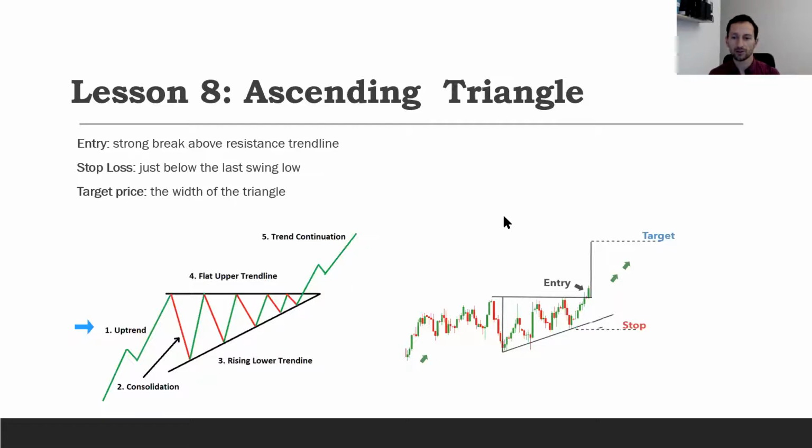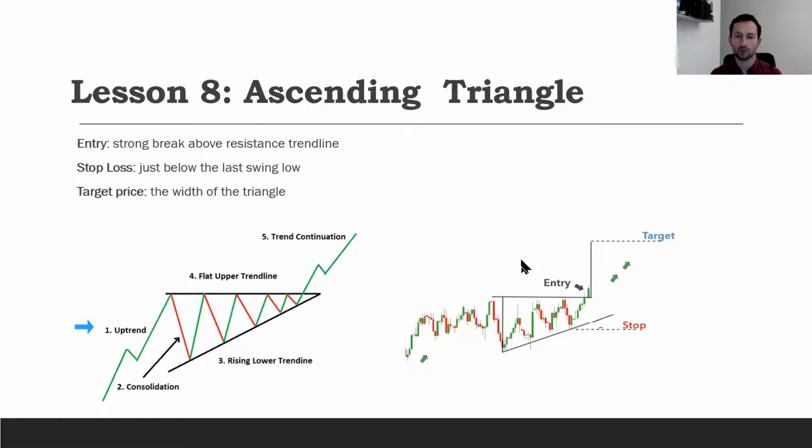So how do you enter them? Well, in this case, you enter pretty much when you see a solid volume, strong breakout above that resistance area. It helps if there's also a MACD crossover perhaps, but that's not necessary.